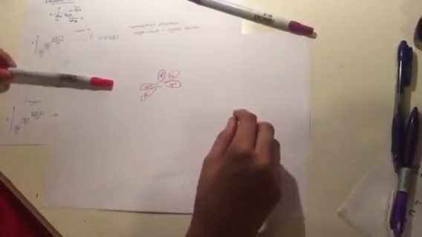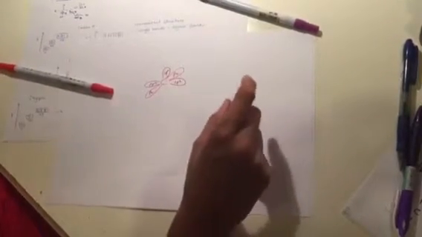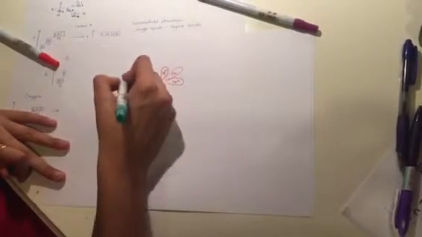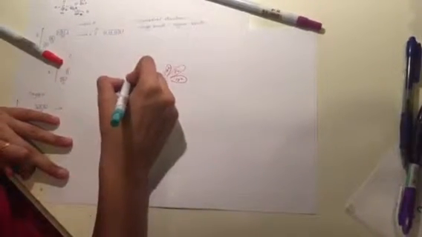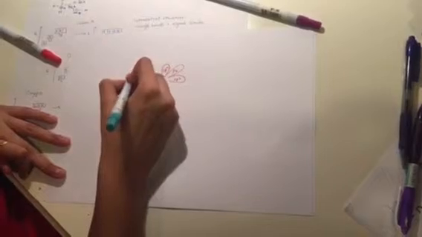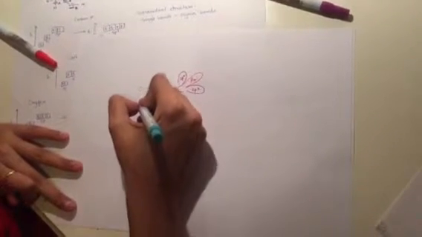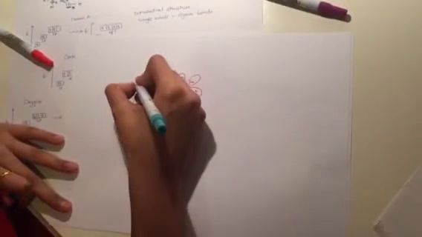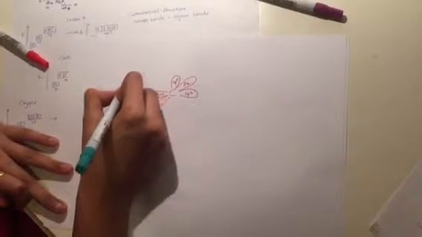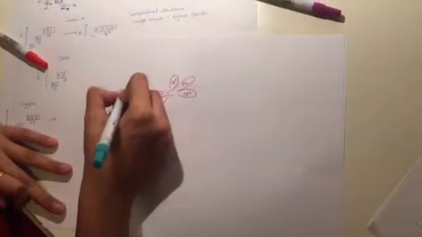Okay. Next, bonded to this carbon B is carbon A, which is sp3 hybridized. So I'm just going to change the color. sp3 hybridization has four orbitals. These are sp3.